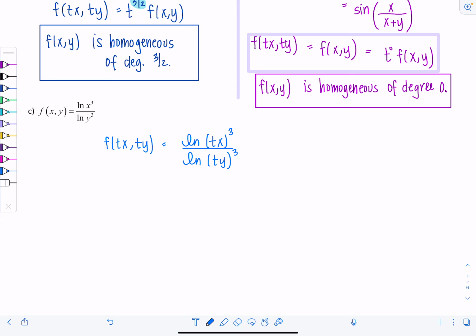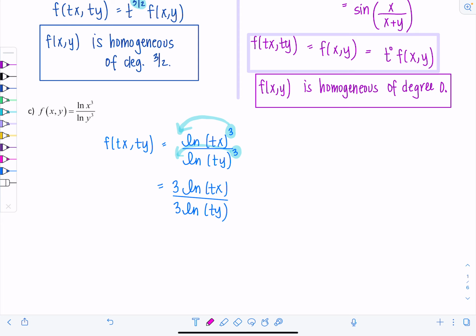Now let's see, I want to play around with this so I can try to break that t out somehow. So let's use our log properties. I can move the exponent on the argument, remember, to the front of the logarithm for both. So I can write this as 3 natural log of tx over 3 natural log of ty.